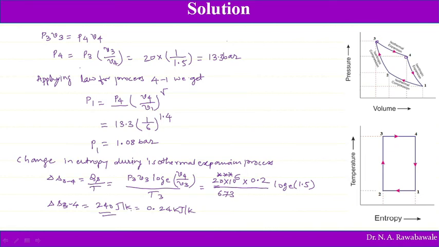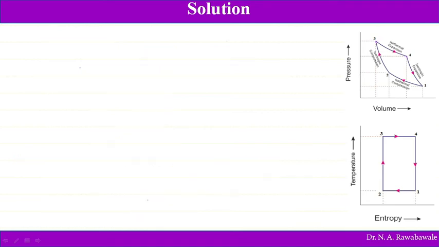Now heat supplied is given by Qs. Heat supplied is equal to P3 V3 log to the base e of V4 divided by V3. This can be obtained by multiplying 20 into 10 to the power of 5 into 0.2 log to the base e of 1.5.